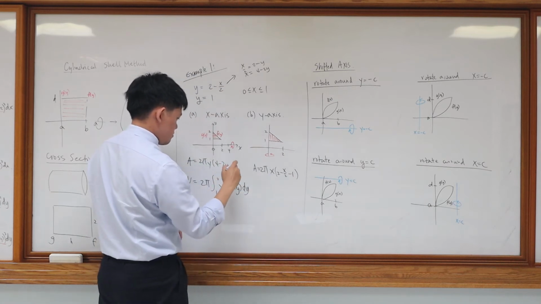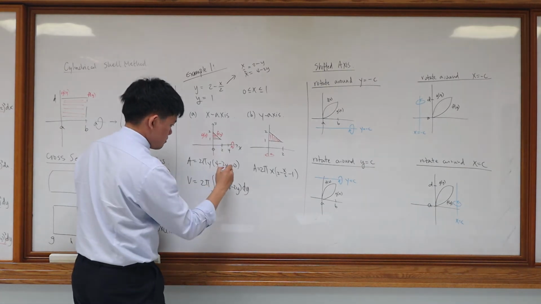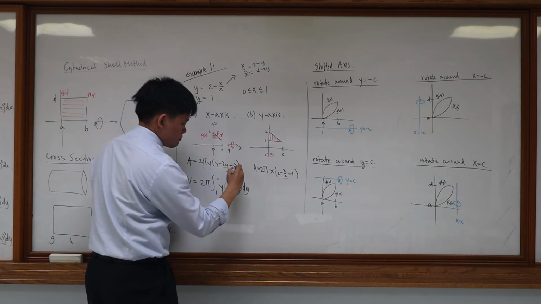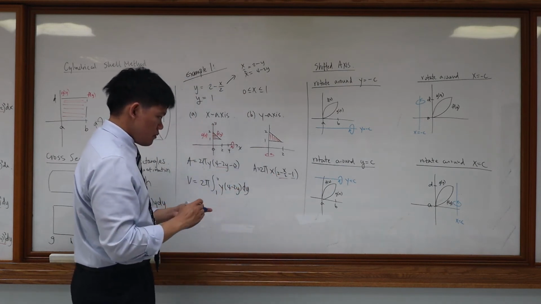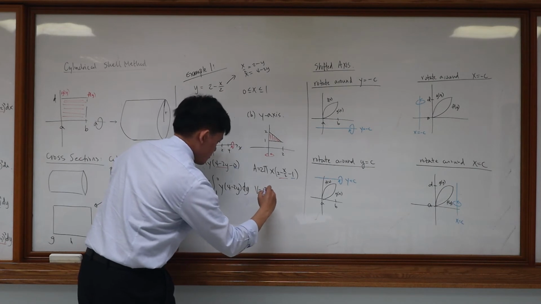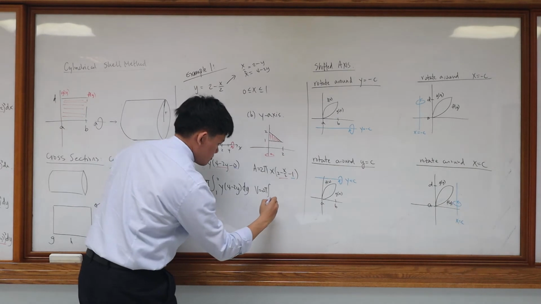Okay, let me just make it clear here. This is my top function, and this is my bottom function. So that means my volume here is equal to 2 pi integral, since I'm integrating with respect to x, from 0 to 2.